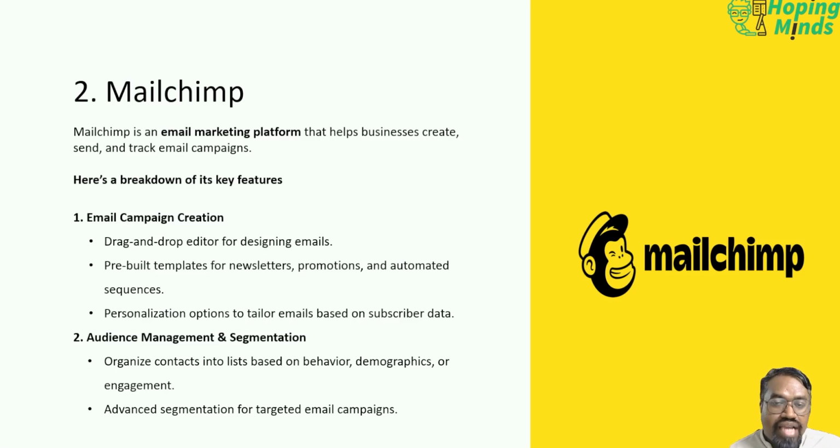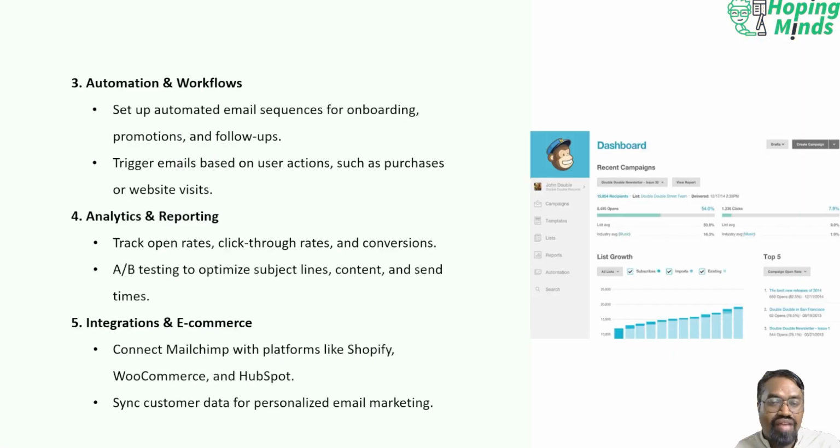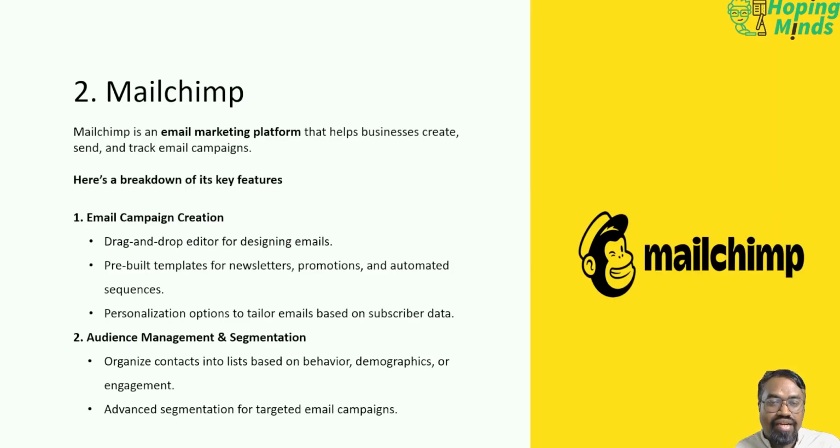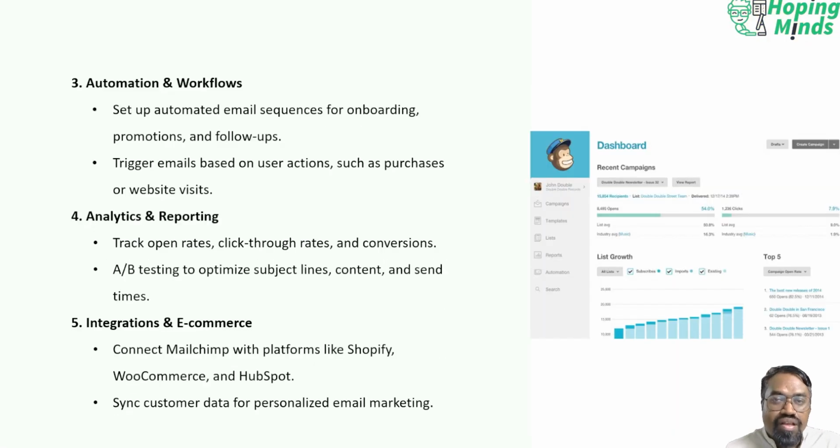Now it organizes contacts into lists based on behavior, demographics, or engagement. We can have advanced segmentation in this for targeted email campaigns. It also has automation and workflows. Again, it has analytics and reporting features.